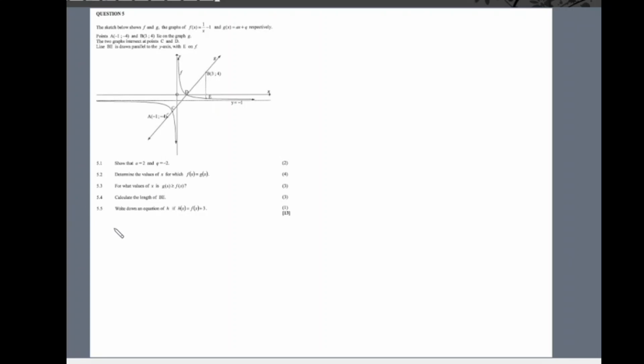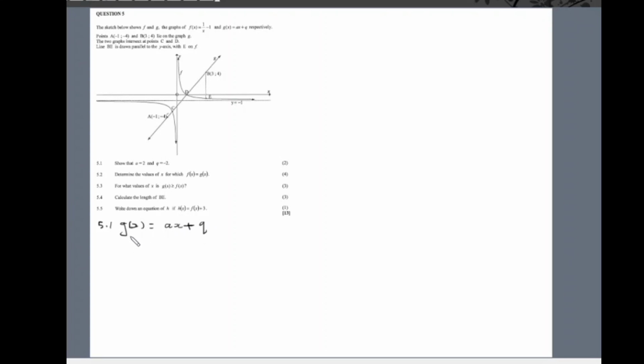And then question 5.1, show that a equals 2 and q equals minus 2, right? So now a and q are variables in the graph of g. g of x equals ax plus q. So we have to find a and q.